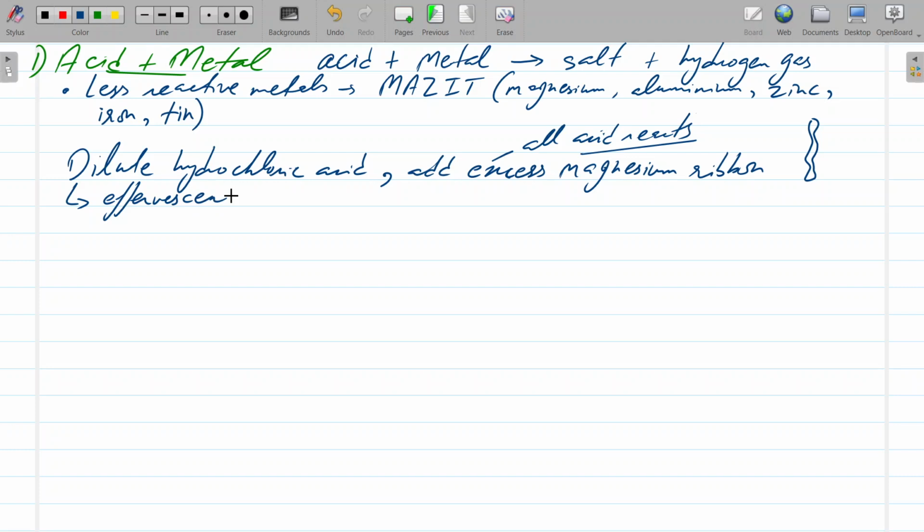That is, you will notice a bubbling and production of gas. In this case, what you're getting is hydrogen gas.